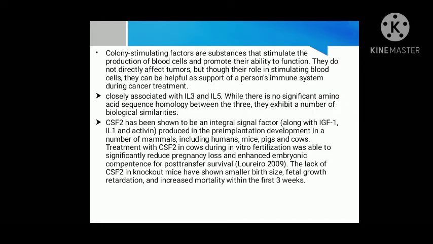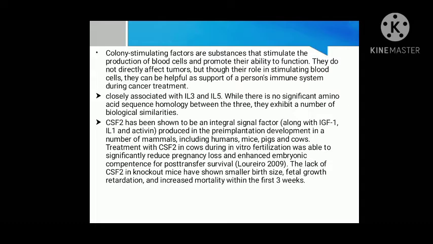Next, what are colony stimulating factors? Colony stimulating factors are substances that stimulate the production of blood cells and promote their ability to function. They do not directly affect tumors, but through their role in stimulating blood cells, they can be helpful in support of a person's immune system during cancer treatment. They are closely associated with interleukin 3 and interleukin 5.